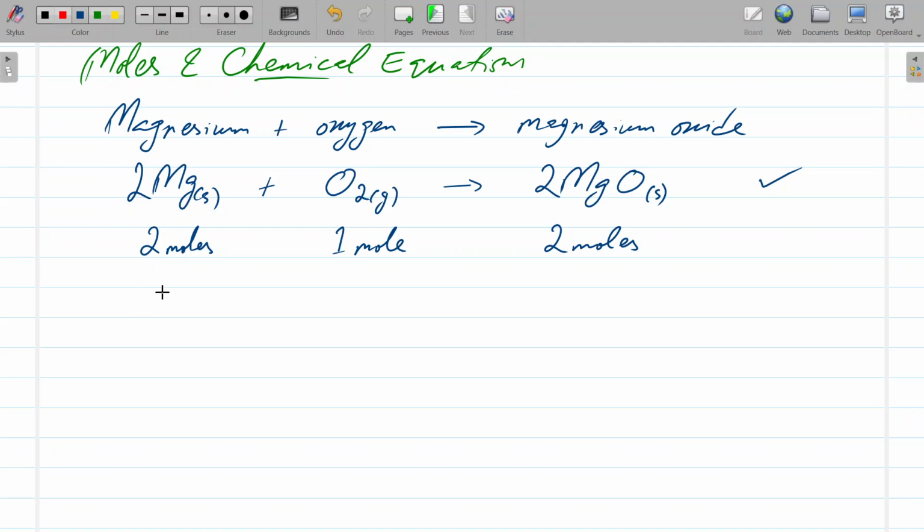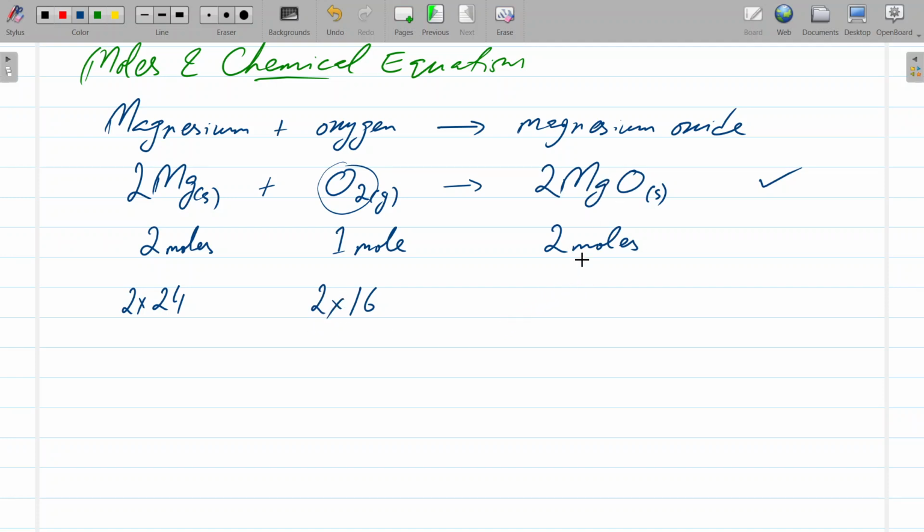So the molar mass is 24 and you've got two of that. Oxygen is 16, but you've got molecular oxygen, it's diatomic. So that's 16 times 2. Even though it's 1 mole, it's 1 mole of oxygen gas, which is diatomic, that's why we're doing 16 times 2.